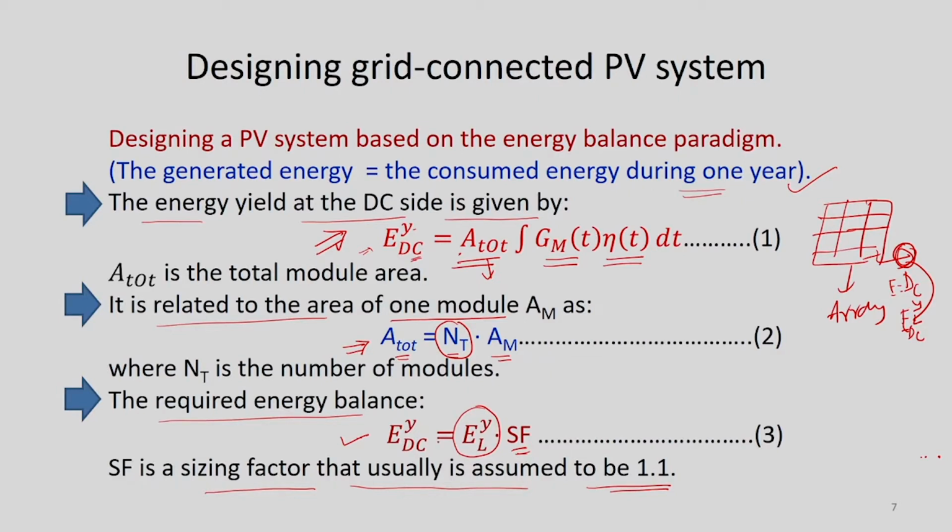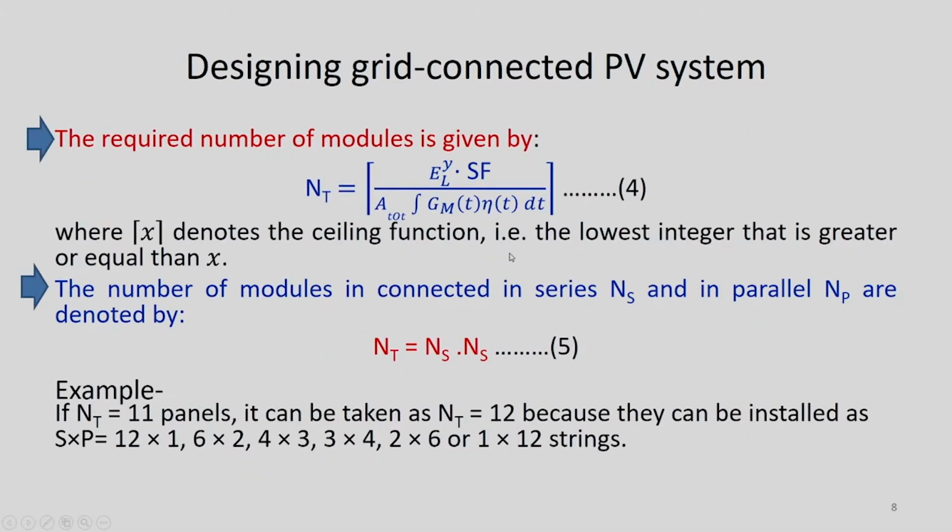Once we equate this, and substitute this expression here, and also use equation 2 here, then we can simplify equation 3 as something like this. Okay. So, we can calculate the number of modules required, that is N T. N T is E L Y multiplied by the sizing factor divided by A total, integration of G M T, which is the radiation, normally global radiation integrated over the entire year, and this is the conversion efficiency, right.